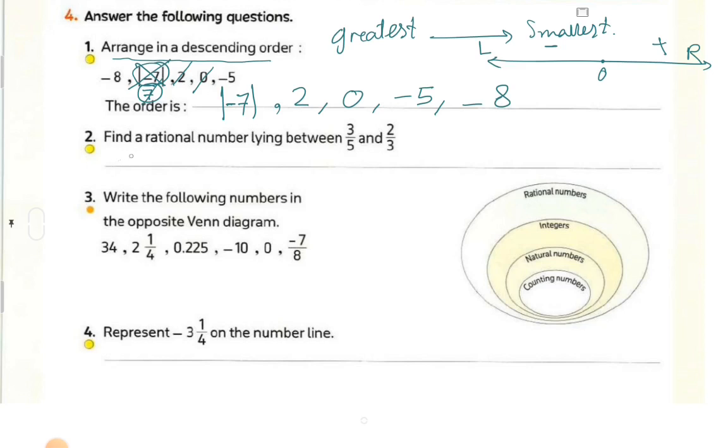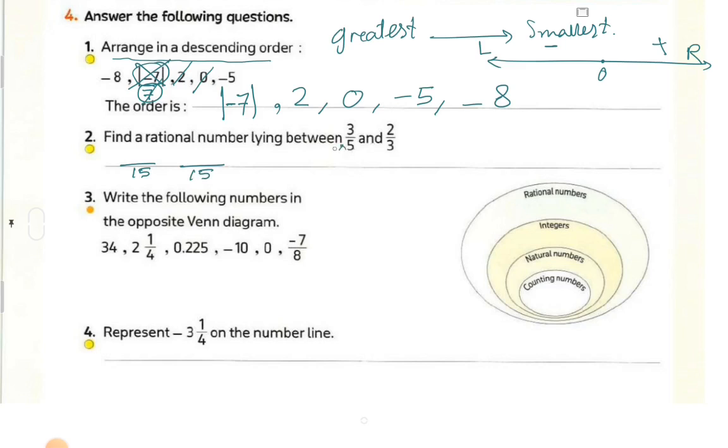Question number 2. Find a rational number lying between 3/5 and 2/3. They are two fractions without any common denominator or numerator. So we need to find the least common multiple of 3 and 5. 3 and 5 are both prime numbers, so just multiply them. 5 times 3, we will change them to 15.